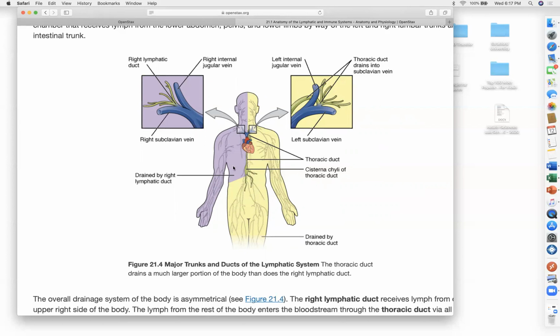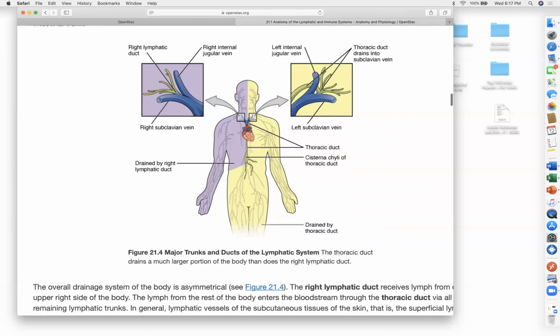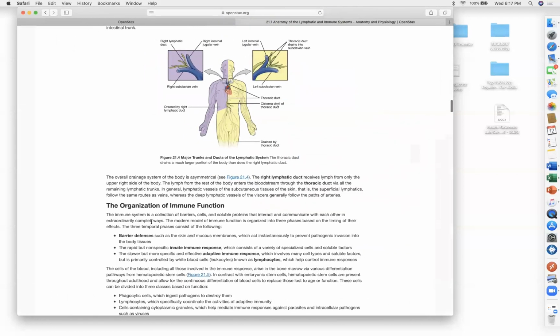And remember what I said? All your intestines are full of E. coli. I don't want that floating around. But if it does get out, who do I have in the area? I have a lot of lymph vessels that will help me take care of those potential infections.